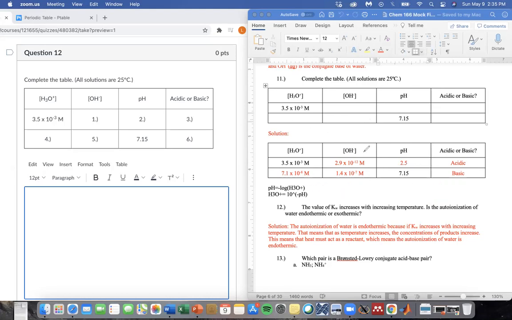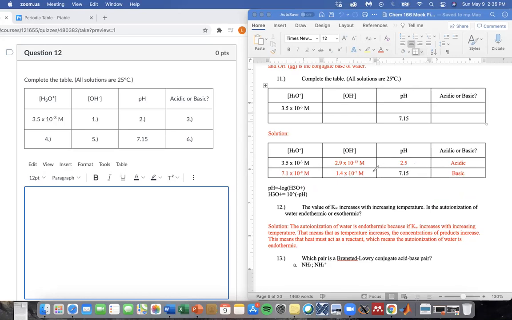For the second part of the problem, you are given the pH. The one that's easiest to figure out first might be your acidic or basic column. Because it's above 7, it's basic. It's just barely basic, but it is basic.